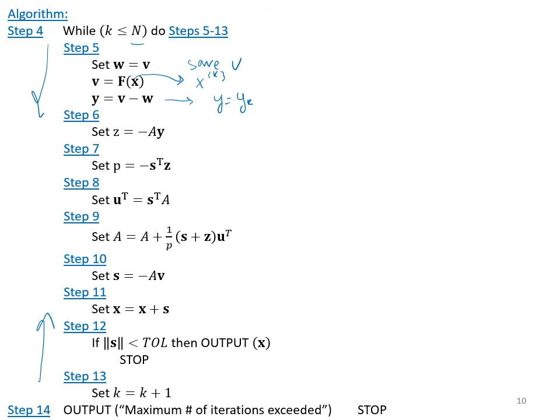Step 6, we define vector z, which is going to be our inverse matrix at k minus 1 iteration multiplied by vector y at the kth iteration.